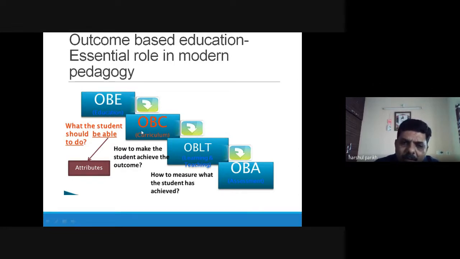For that, those who are developing the curriculum should make it outcome-based. Teaching-learning should also be according to that. And assessment is also the meaningful one where outcome-based education can be assessed.